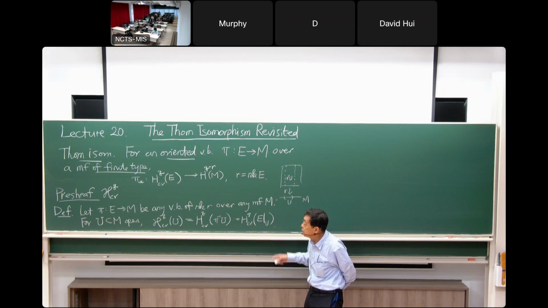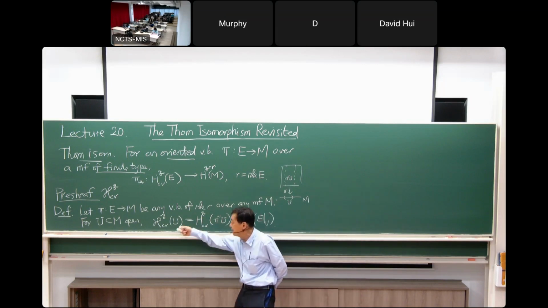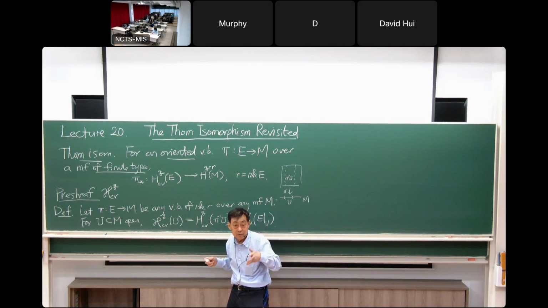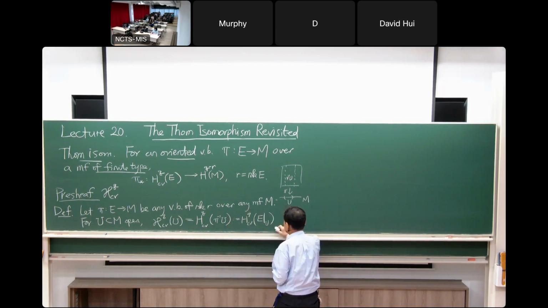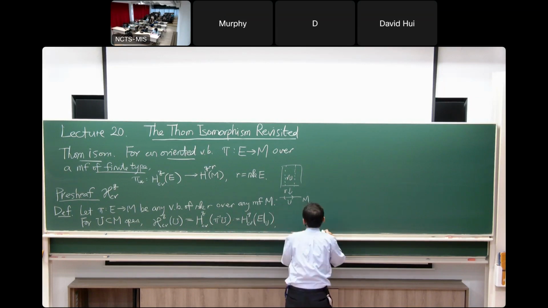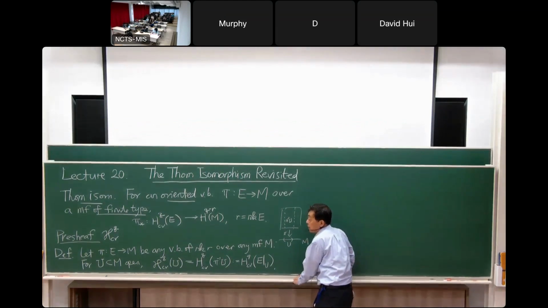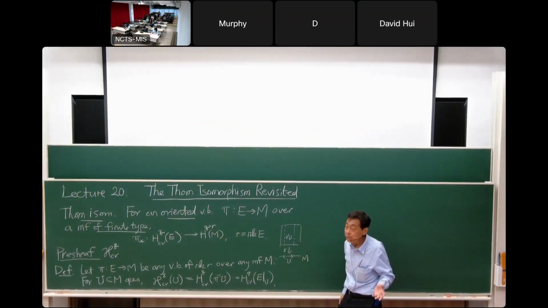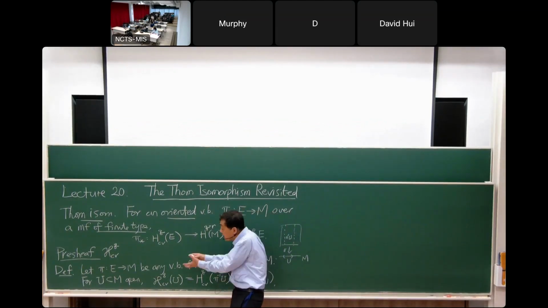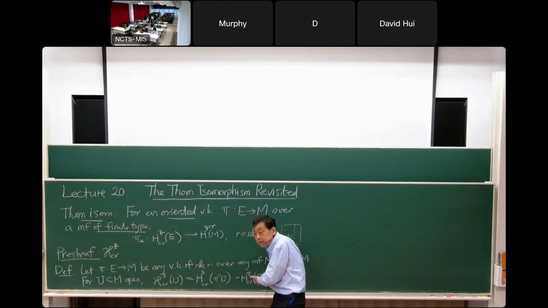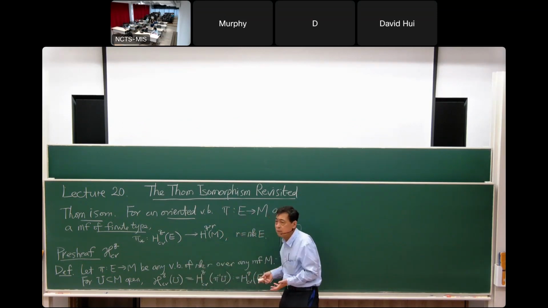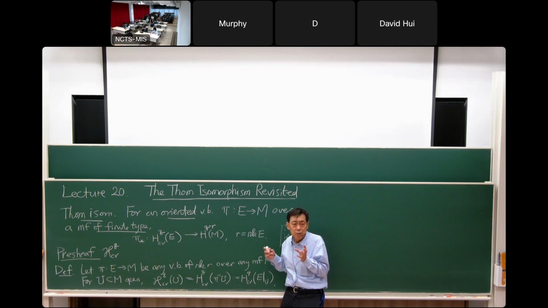Well, so a pre-sheaf associates to an open set an abelian group, but you also have to define restrictions. And here there's an obvious restriction. Because a pre-sheaf is a functor, it associates to an object, an open set, an abelian group, and the morphisms of open sets are inclusions.